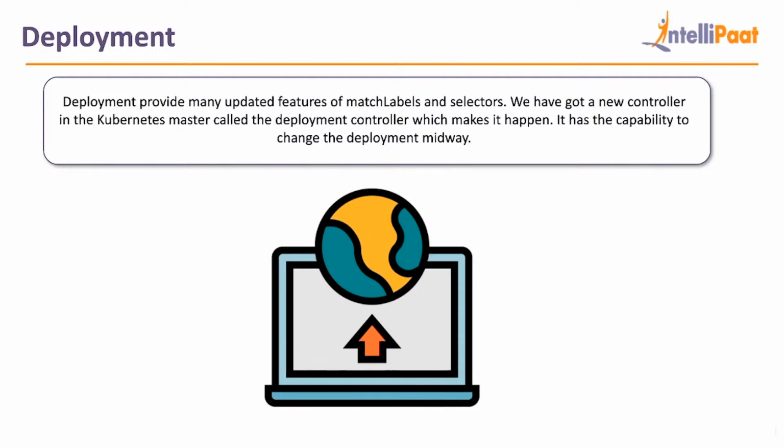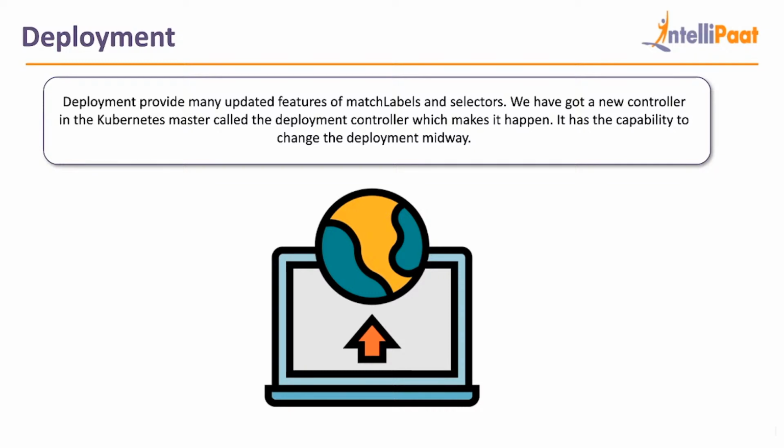So let's move along and talk about the different features inside of deployment. There is this feature of match labels as selectors, and we have a new controller in the Kubernetes master called the deployment controller, which makes it all happen. It has the capability to change the deployment midway, which allows you to do rolling updates and automatic updates and stuff like that. A rolling update is where, let's say I have 5 pod replicas and I'm pushing an update.